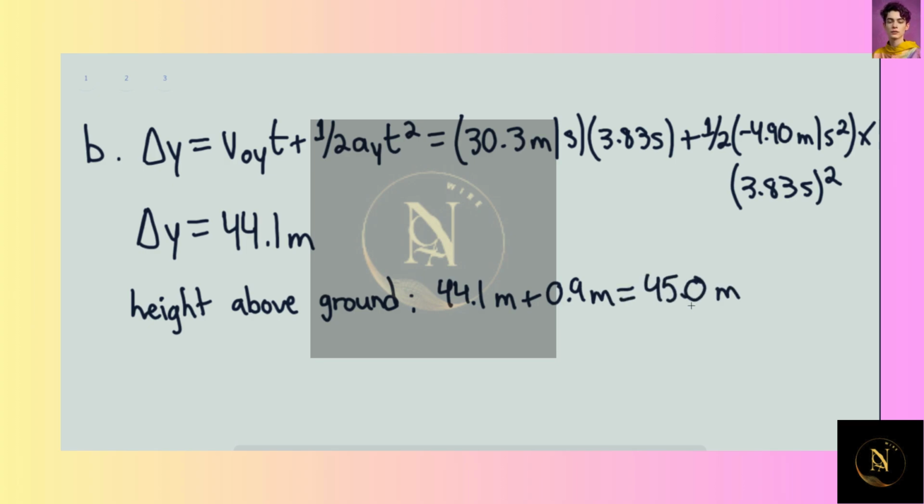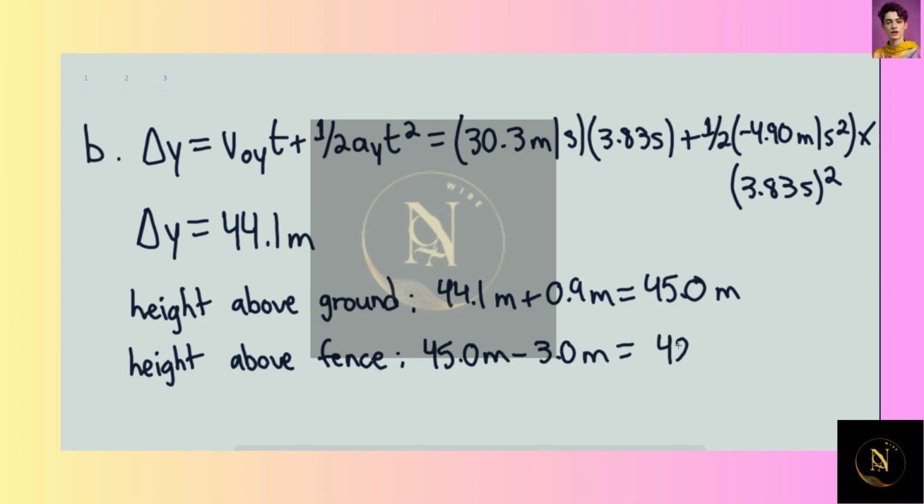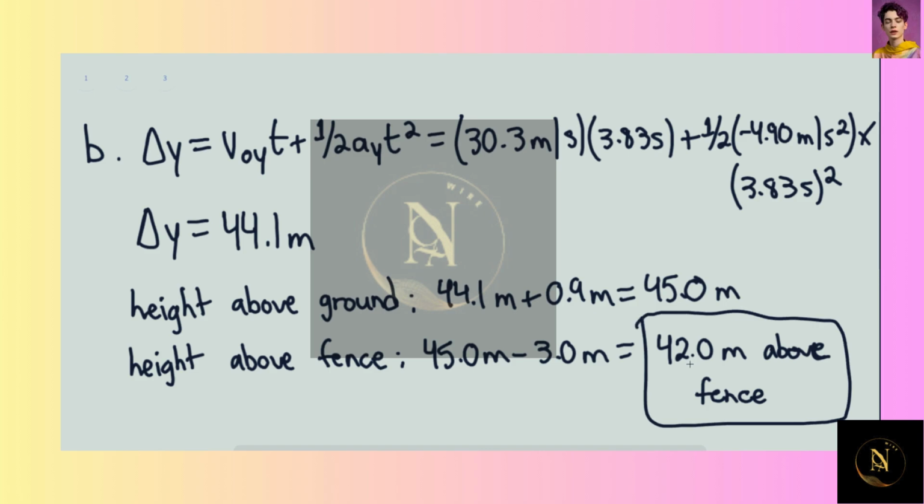And now we can say that the fence was 3 meters high. So the height above the fence is going to be 45.0 meters minus 3.0 meters. This is giving us 42.0 meters above the fence. So this would be our final answer for part B.